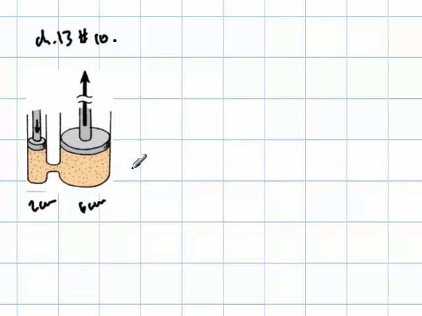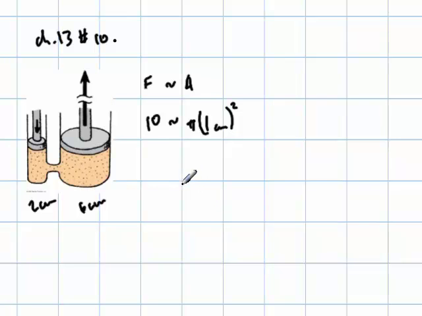That's Pascal's principle, and as the area is proportional to the force, if we have a certain force on a small area, for example 10 newtons, and I'm just making this up here, for an area of pi times r, which is 1 centimeter, squared.